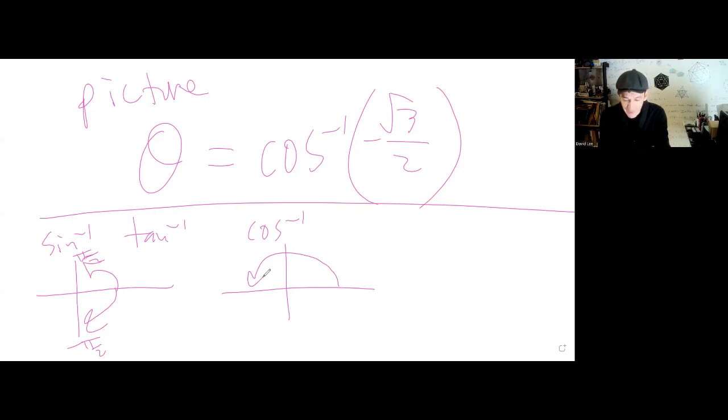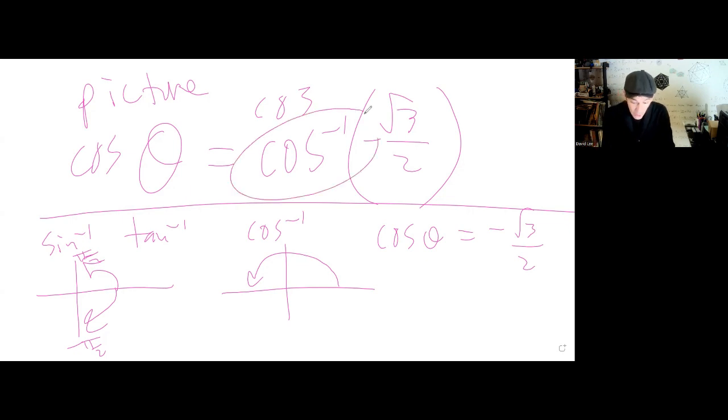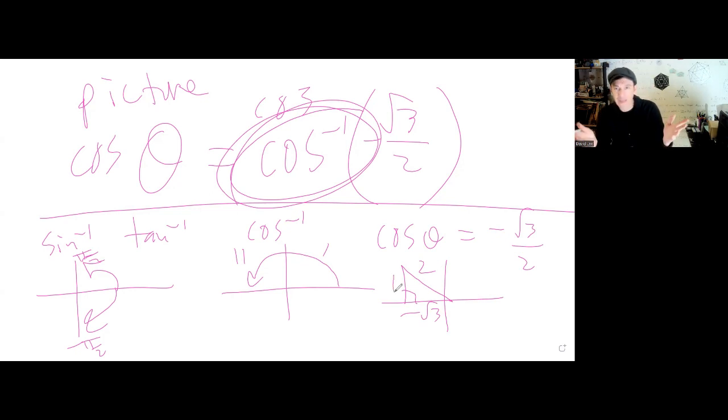So for a problem like this, if it says cosine inverse, we can make a picture. If you want, you could take the cosine of both sides, and this would say cosine theta equals negative square root 3 over 2. Now, because it started with cosine inverse, you know it's going to be either quadrant 1 or quadrant 2. Because cosine is negative, that means go to quadrant 2, and cosine is adjacent over hypotenuse. And you could use Pythagorean or whatever to find any missing legs.